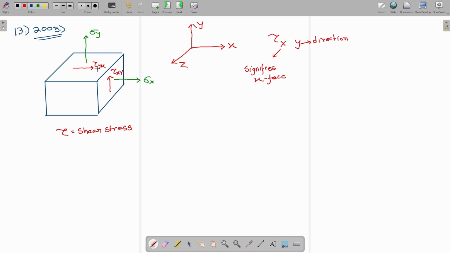Okay, this is tau yx. Now, in this diagram, let us consider that this is the length, this is the breadth, and this is the thickness.